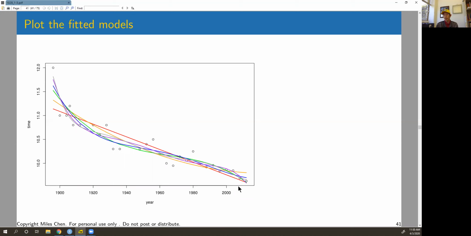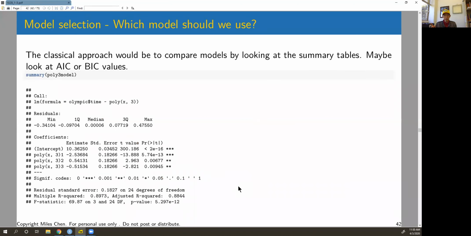But as far as deciding which model we should look at, we can look at AIC, adjusted R squared, MSE. So these are things that we can look at, okay? R squared is great, but R squared will always keep going up, and adjusted R squared in general also keeps going up if you keep adding more terms.